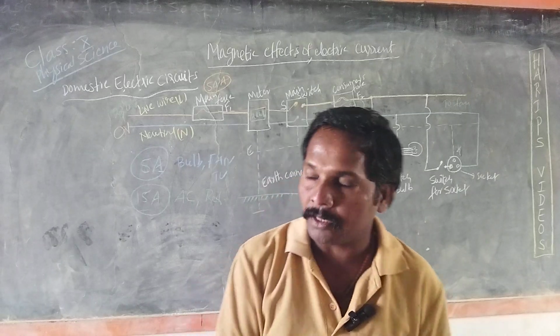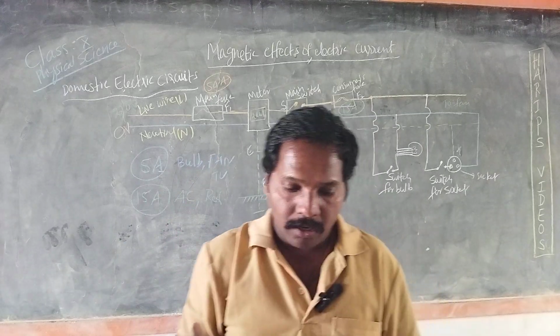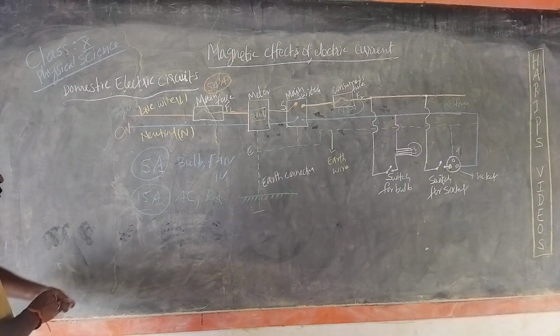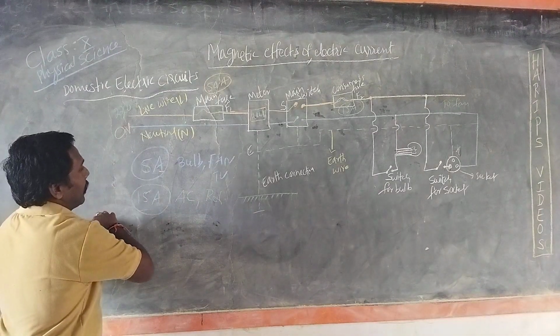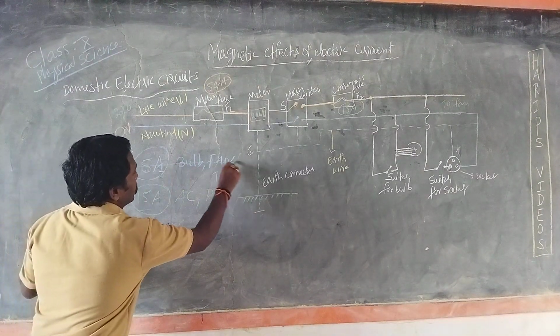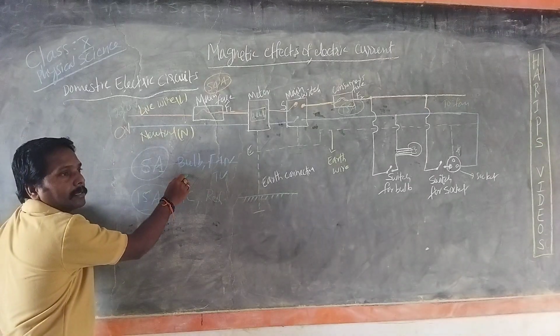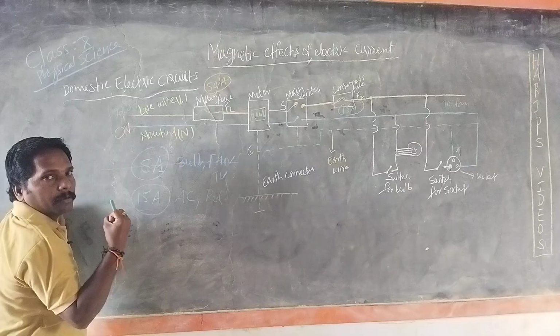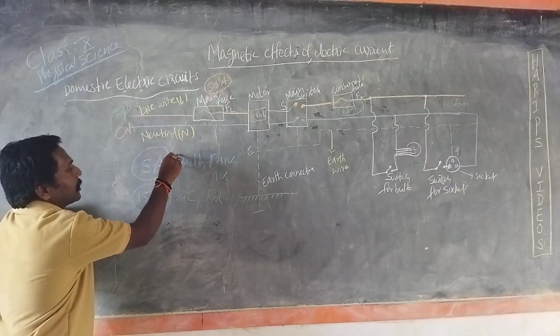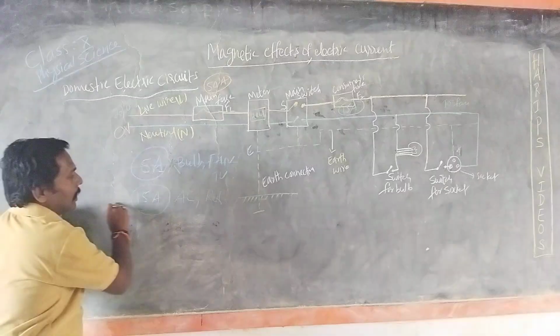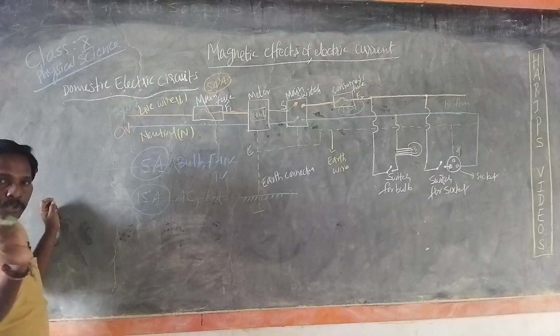Another point to remember is that all the various distribution circuits are connected in parallel. For example, if some problem happens in the connection for low power appliances, then only this circuit breaks, and the other one works as usual.